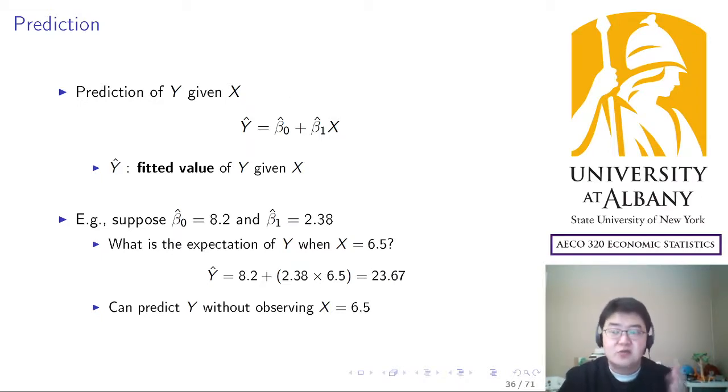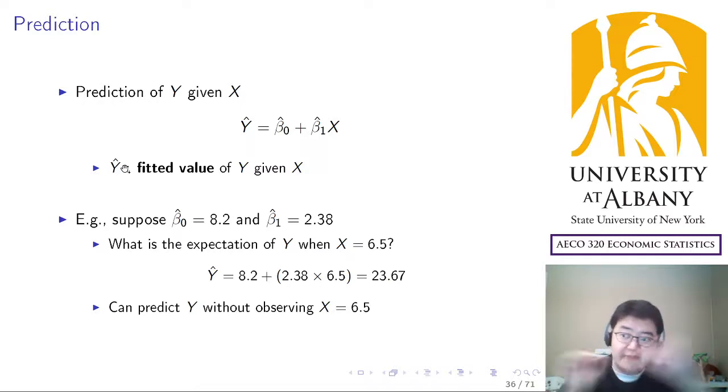To answer these kinds of questions, we use the regression model and we estimated beta 0 and beta 1, right? Fixed cost and the marginal cost. As a result, you choose X. You have to choose how much you produce in our example. And given a certain number of X, you can predict your Y. This is the predicted value, which is usually referred to as the fitted value.